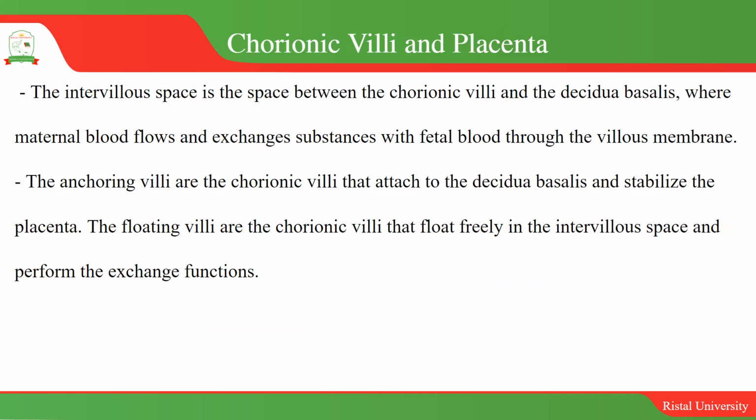This is the space between the chorionic villi and the decidua basalis. This is where this exchange happens. And then we have the anchoring villi. These are the villi that are attached to the basalis. So we have those that are not attached, therefore there is space, and then we have those that are attached and provide stability to the placenta.